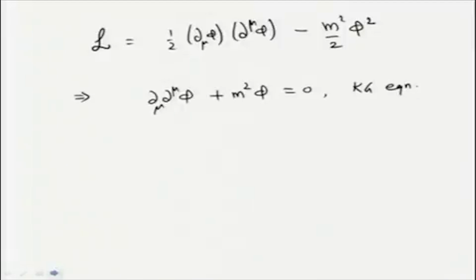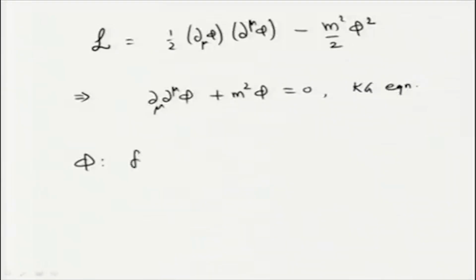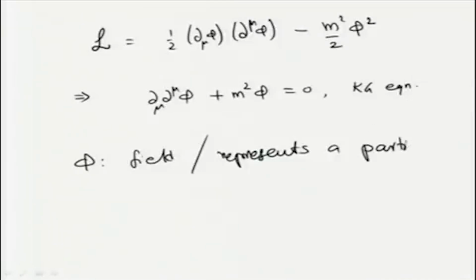Now, these functions are called fields, and we can actually say that this represents or corresponds to a particle. So, this field is the one which will represent a particle.